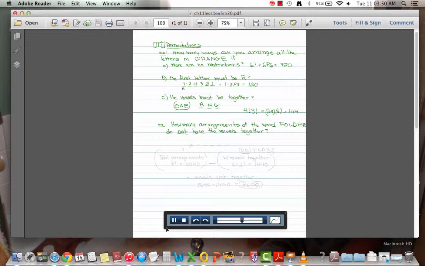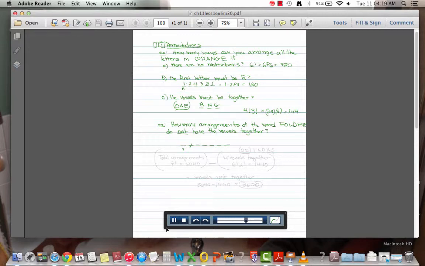This next example seems awfully similar. We're given a different word here, folders, 7 letters this time, but we're asked how many arrangements would not have the vowels together. The first time I tried doing questions like this, I got super complicated, tried to draw 7 spaces, 1, 2, 3, 4, 5, 6, 7, and said, well, if there's a vowel here, there can't be a vowel here, and tried to do all these possibilities, and I got myself very confused.